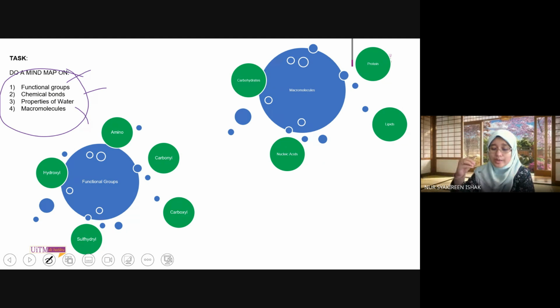If you do a mind map, it is much clearer for you to understand this topic, because this topic is very big and there are many things you need to understand. So do a mind map, extracting all the important information to help you understand this chapter better.